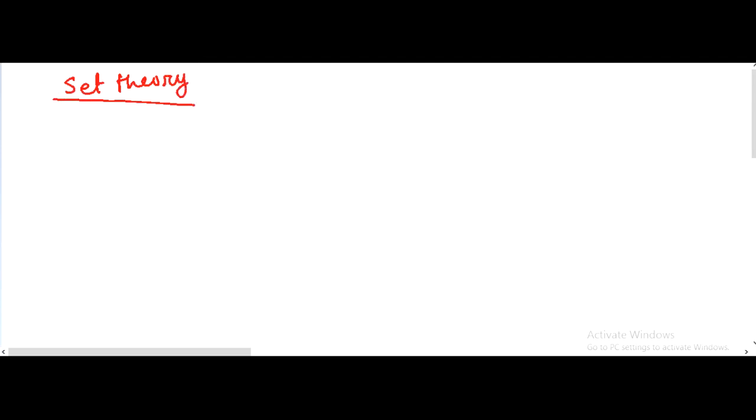Now, what is a set? A set is a well-defined collection of objects maintaining two criteria. I am writing the definition of set.